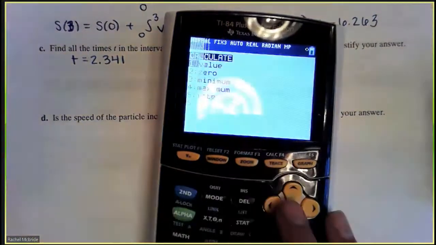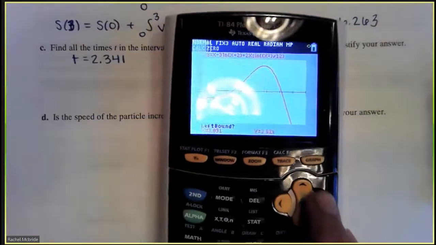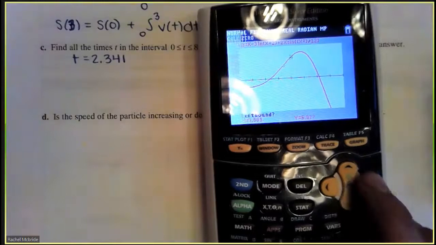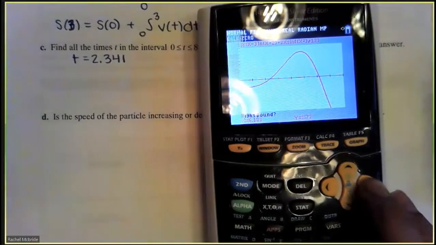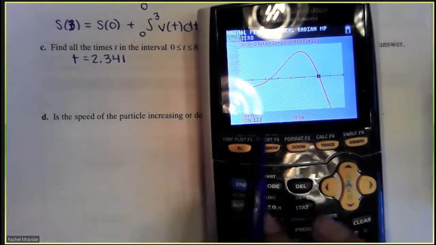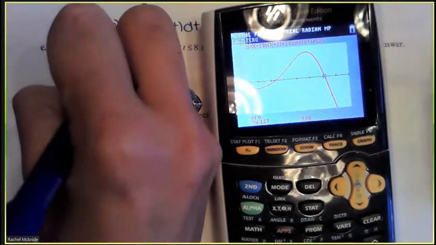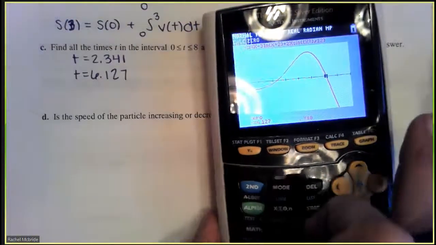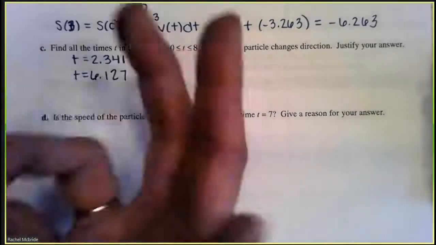Then I'm going to do it again and find the next 0. Enter, enter, enter. And I get the time of the second 0 is 6.127. So my justification, and this is where you have to be very particular, this would earn you 1 point.